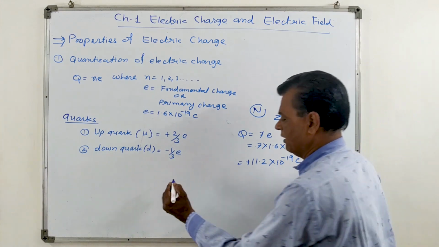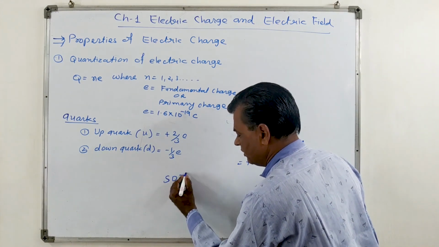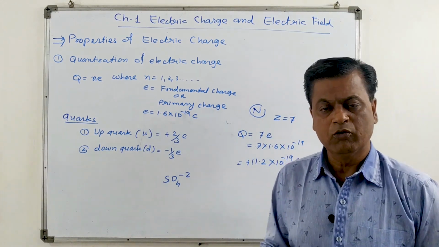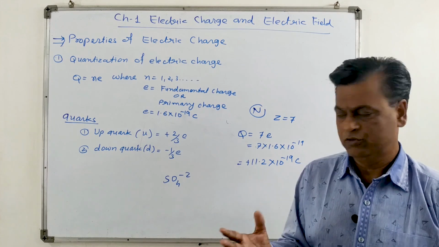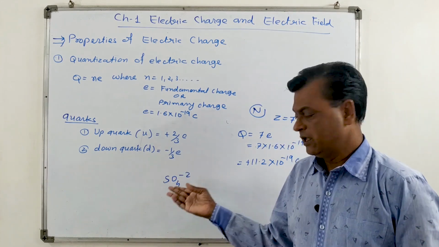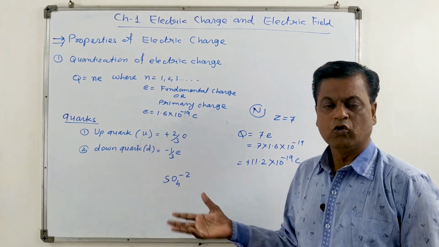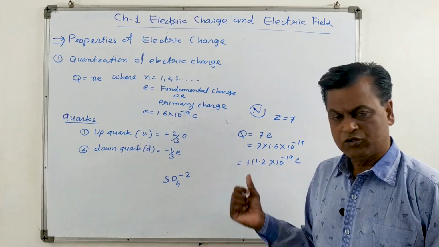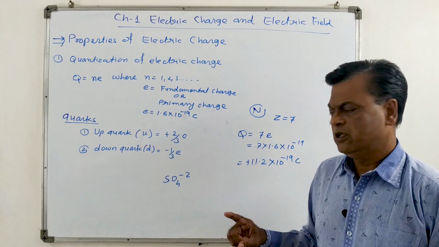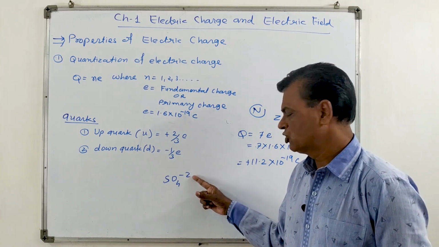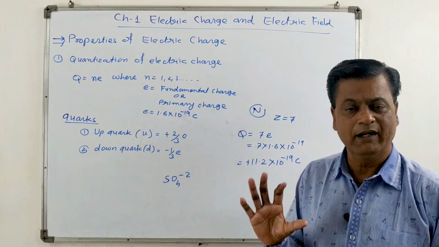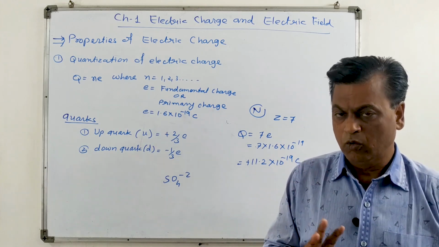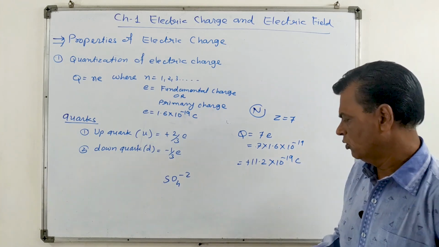Now the sulfate ion. Calculate the electric charge on the sulfate ion. We should not worry about how many protons and electrons are inside the sulfate, and there are 4 atoms of oxygen. How many electrons and protons are inside the oxygen atom? We should not worry. Here we have to see the minus 2. Minus 2 indicates that the sulfate ion has gained 2 more electrons, an excess of 2 electrons.